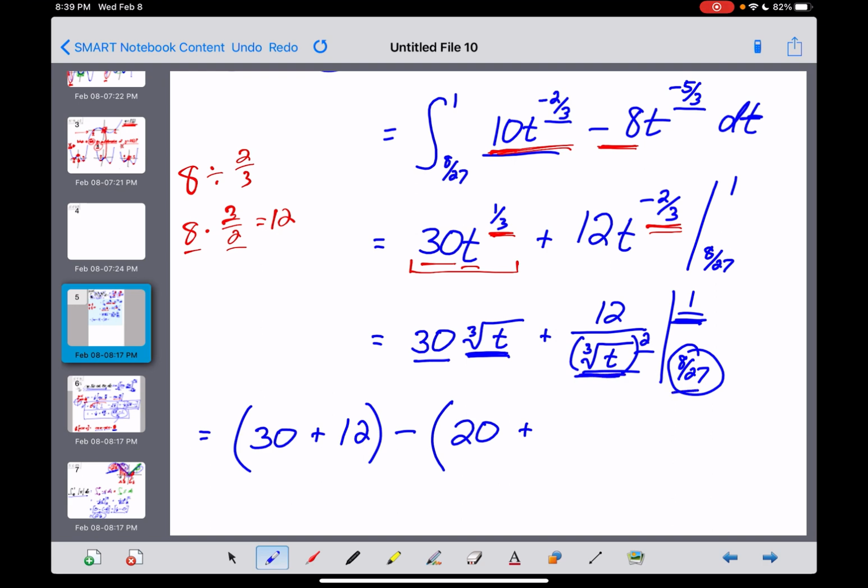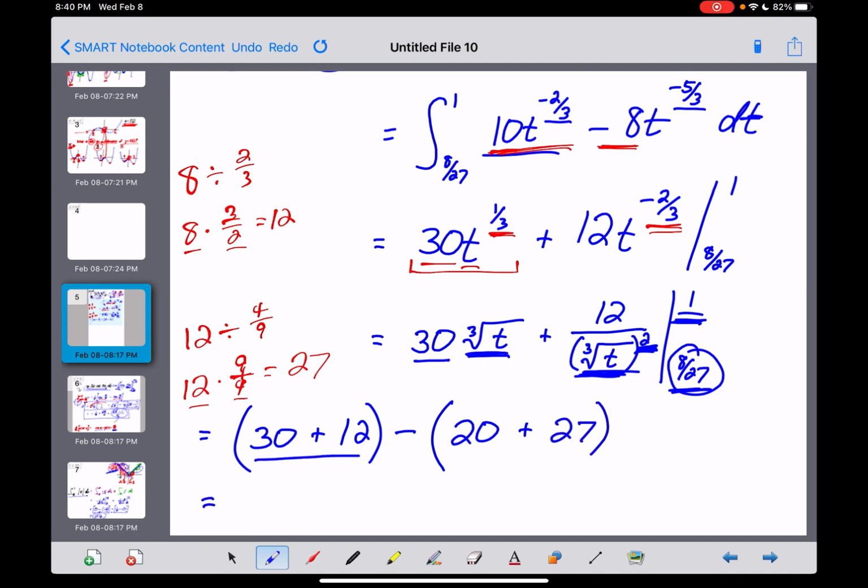The cube root of 8/27 we just said is 2/3. 2/3 gets squared to make 4/9. And now what we're doing is 12, and it's a fraction now, so it's divided by 4/9, which means 12 times 9/4. 12 divided by 4 is 3. 3 times 9 is 27. So that is what should have gone right here.